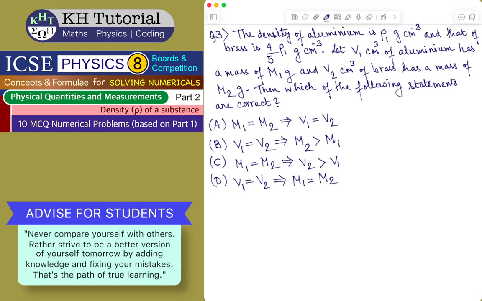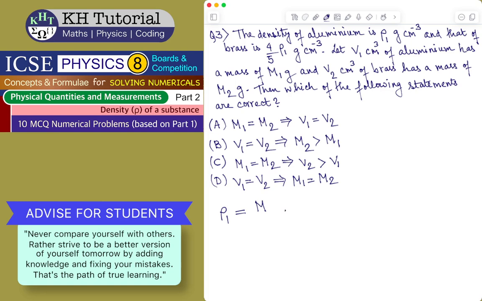So I can say that the density of aluminium is rho 1. This is equal to the mass, m1 gram, over the volume, V1 centimeter cube. So from here I can get the density of aluminium, using the formula mass by volume.